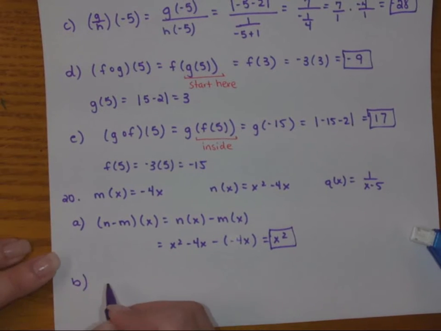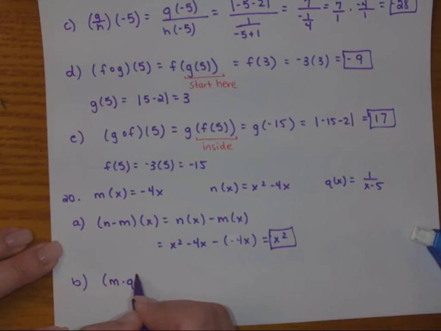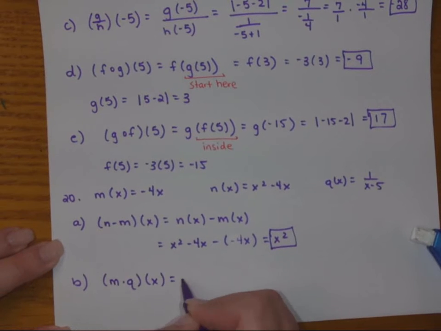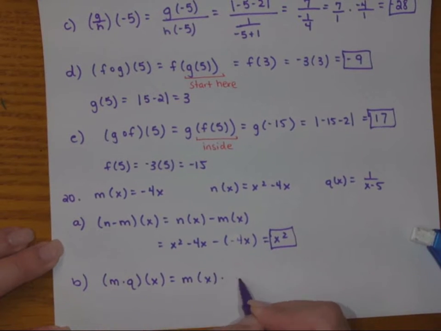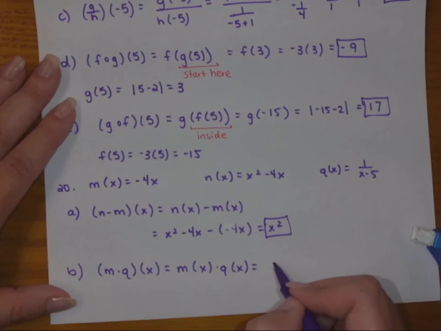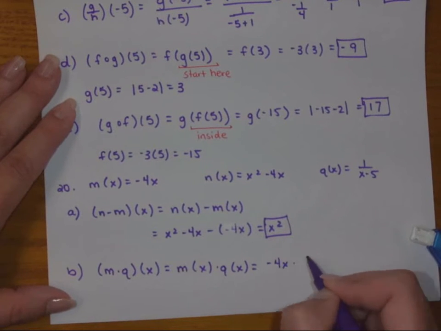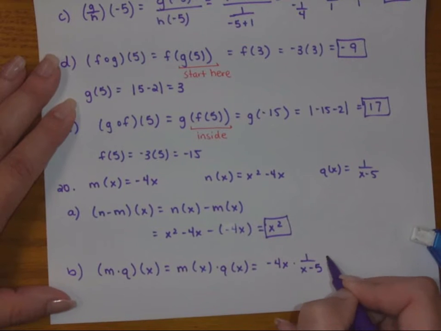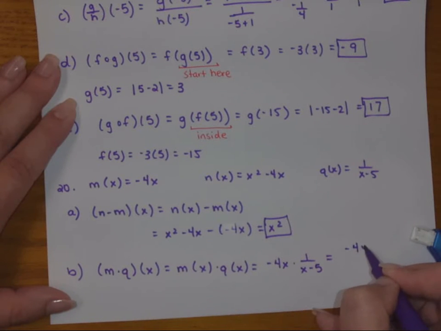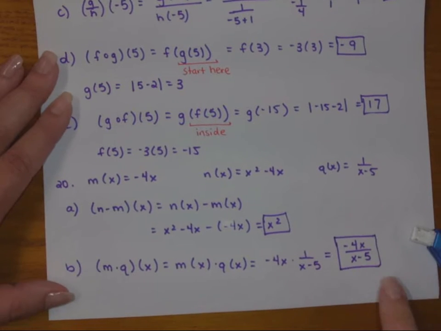Part B, I ask you to find m times q of x. So in other words, m of x times q of x. So we're just going to multiply these equations together so we get negative 4x times 1 over x minus 5. You can combine these, okay, but you cannot cancel x's out.